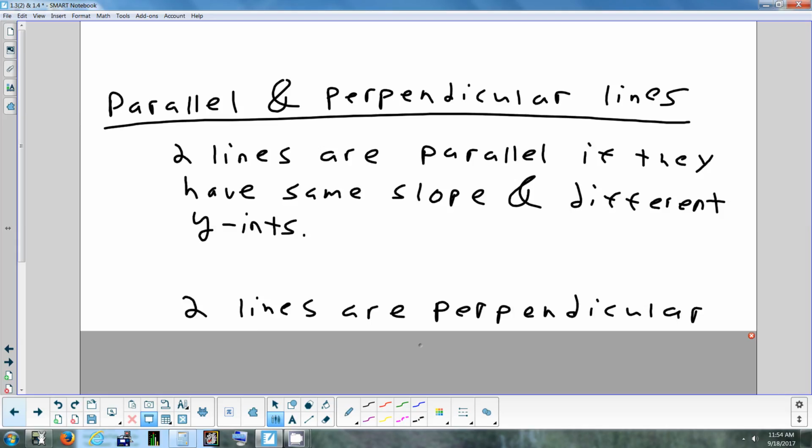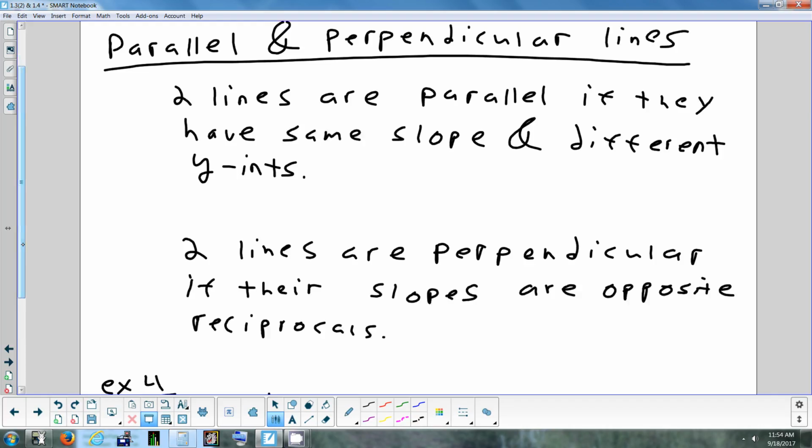Does anybody remember what the slopes have to be for perpendicular? Opposites and one other thing. So like positive, negative. They also have to be one other thing besides just opposites. They have to be opposite reciprocals. Okay, so perpendicular lines, slopes are opposite reciprocals.